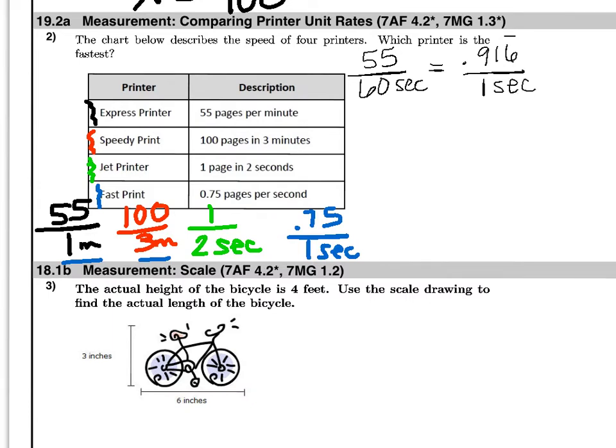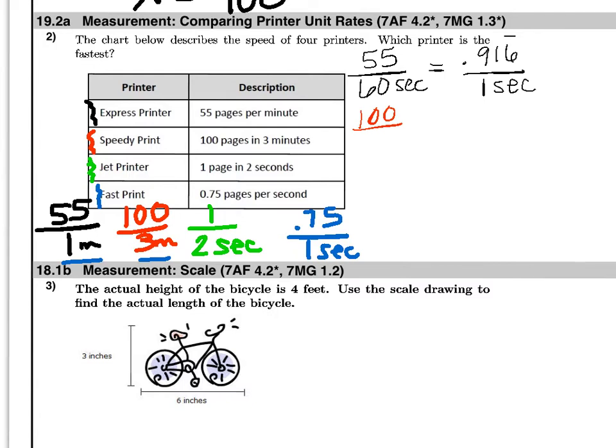Okay, and now I'm going to do the red guy, the Speedy Print guy, and he is 100 in 3 minutes. Well, if I want to convert him to seconds, 3 minutes is 60 seconds plus 60 seconds plus 60 seconds.